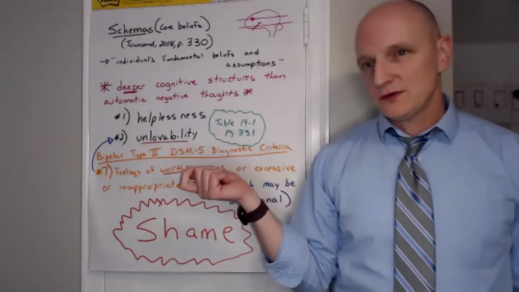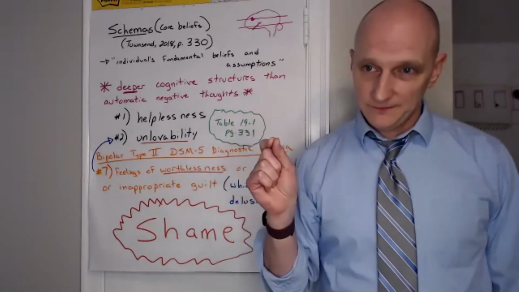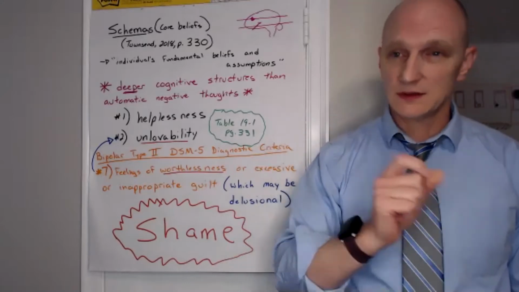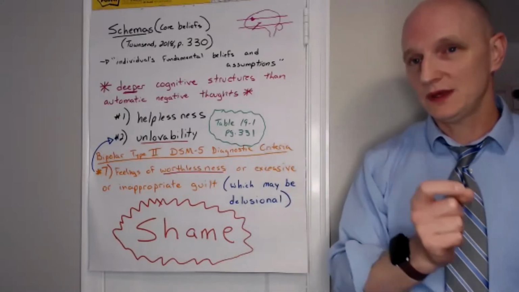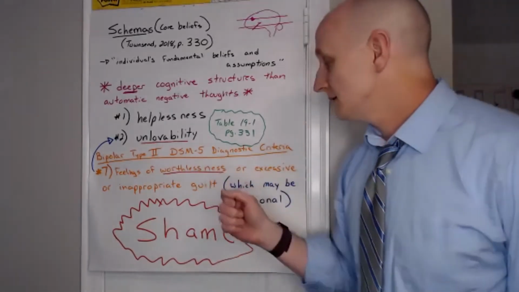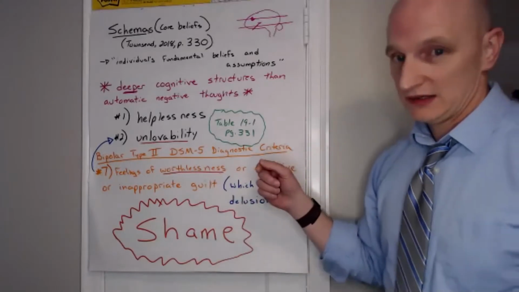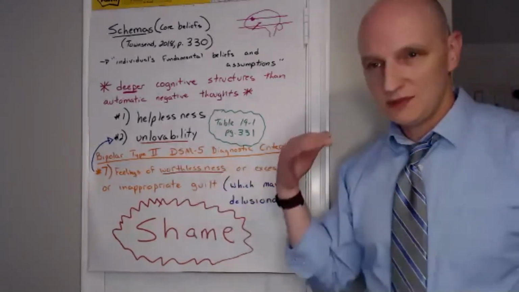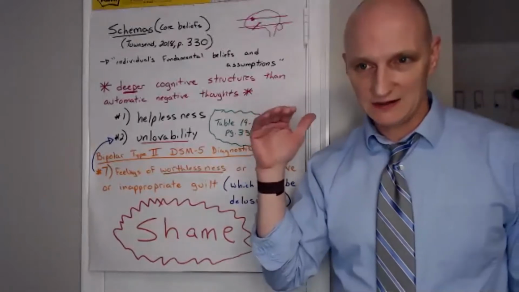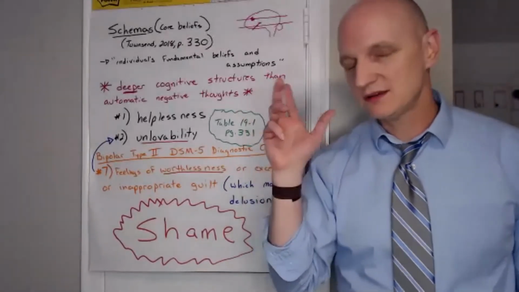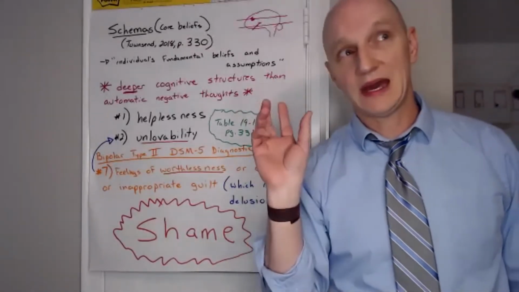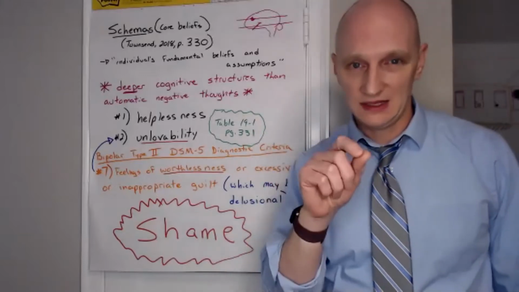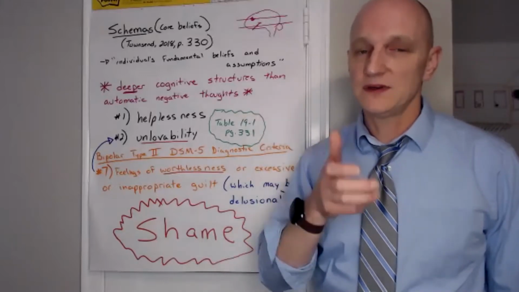So what's the difference between guilt and shame? Guilt seems to be a transitory state where you did something bad, you lashed out at a loved one, said some mean things, and you feel guilty.